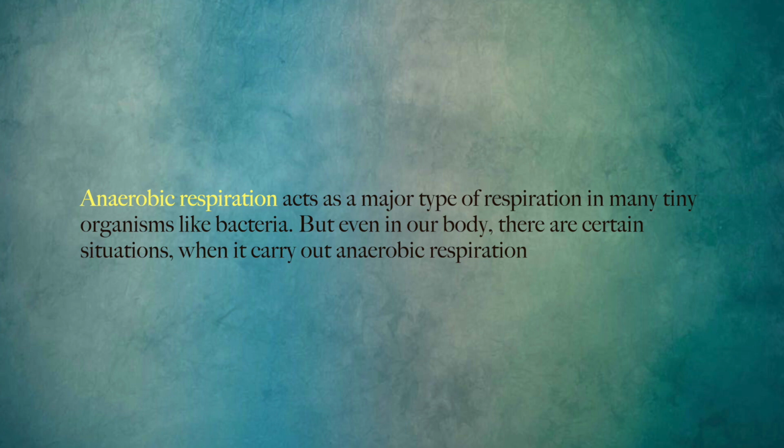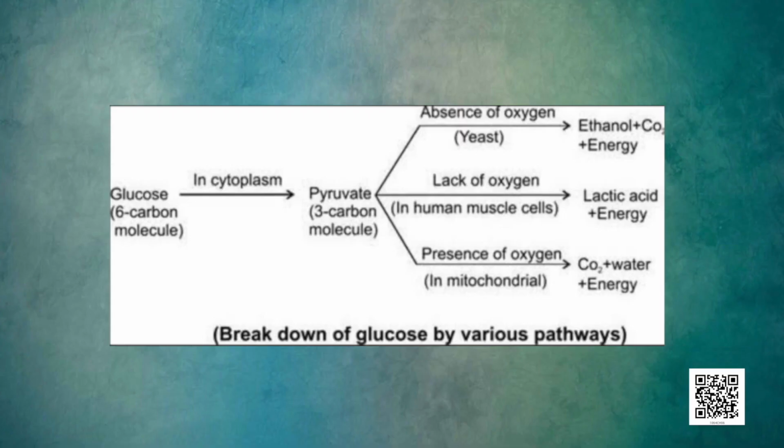But even in our body, there are certain situations when it carries out anaerobic respiration, and we certainly must be aware of that. Let's have a look at the steps of respiration next. As we know, glucose is a 6-carbon molecule, and glucose is absorbed in our villi by blood capillaries, and the bloodstream carries it to all parts of the body, to all the cells of the body.